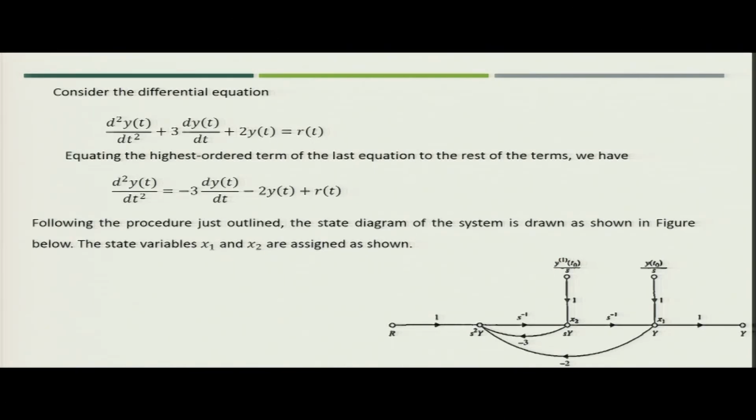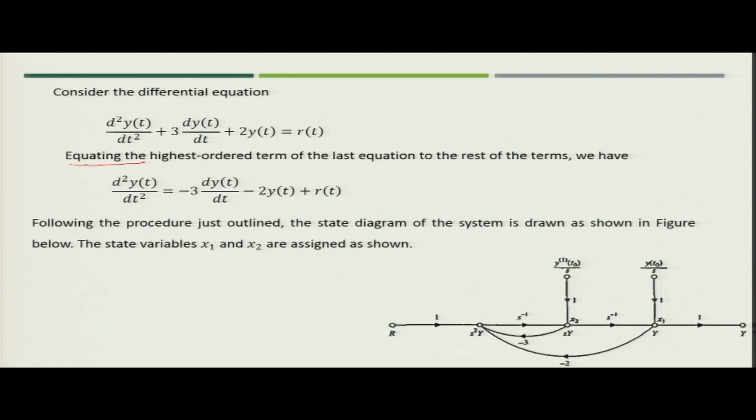Now, let us take one example so that you can better understand. Let us see, there is one differential equation, that is d2y by dt2 plus 3 dy by dt plus 2y equal to r. Now, what we will do?